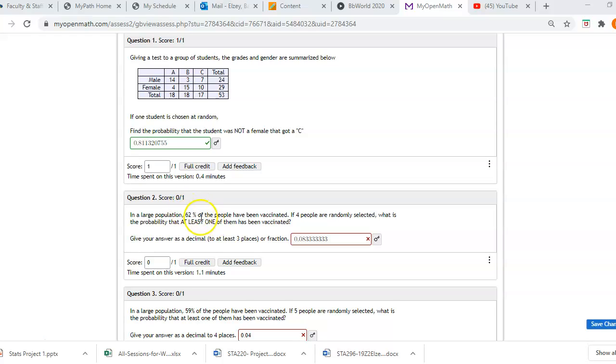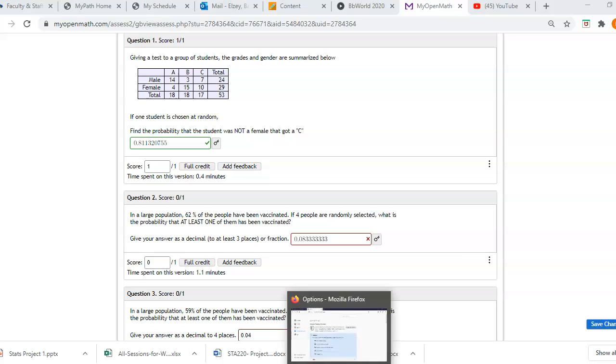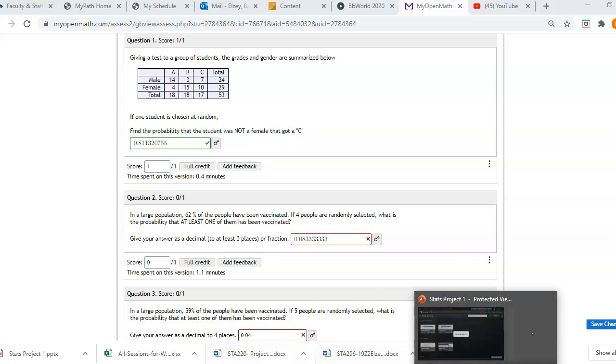and we'll get the probability that at least one of them has been vaccinated using our complement rule. So to figure out that none of them have been vaccinated, let's first note that 62% is our probability that someone's vaccinated, which means that 38%, or 100 minus 62, is going to be the probability that someone's not vaccinated. So 38% as a decimal is 0.38.